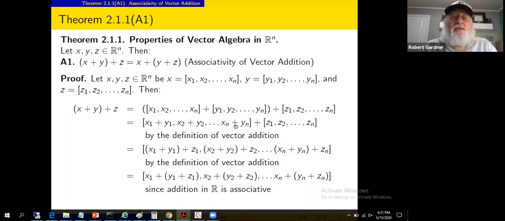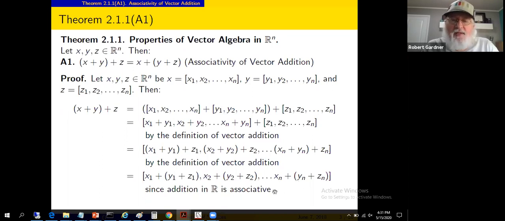Now add the z's in this vector sum. By the definition of vector addition, we added the x's and y's together first, so they get little parentheses around them. That was the first addition to do. Now we've got real number x1 plus y1 added together first, and then real number z sub 1 added to that. But these are just 3 real numbers. I can use associativity of real numbers and move those parentheses from the x and the y to the y and the z throughout on all of those components.